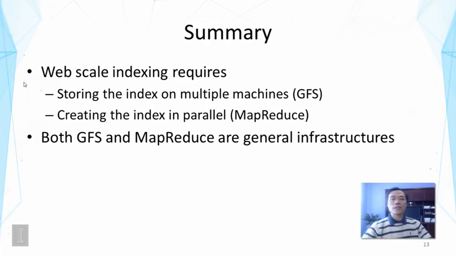And secondly, it requires creating the index in parallel because it's so large, it takes a long time to create the index for all the documents. So if we can do it in parallel, it will be much faster, and this is done by using the MapReduce framework. Note that both the GFS and MapReduce frameworks are very general, so they can also support many other applications.